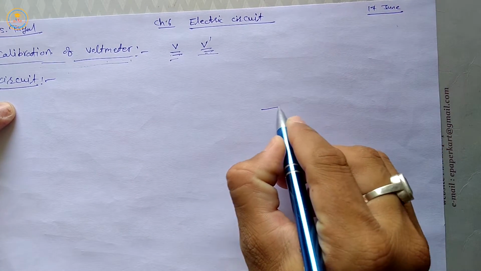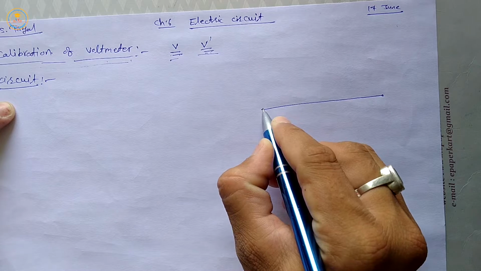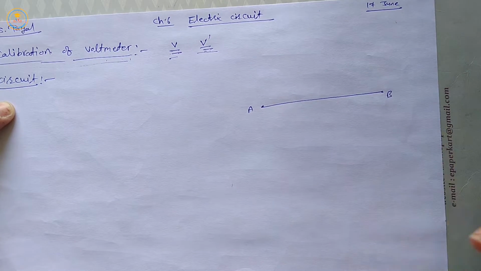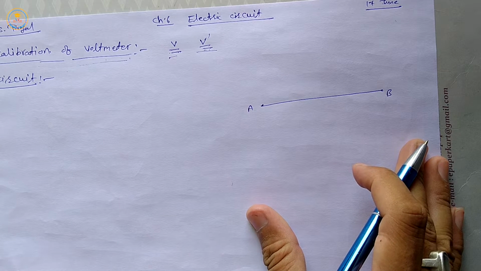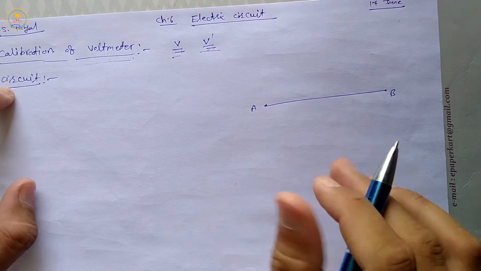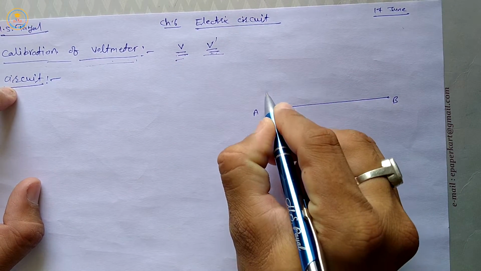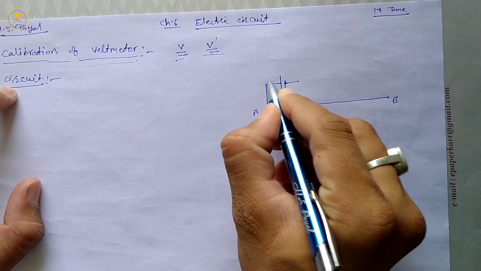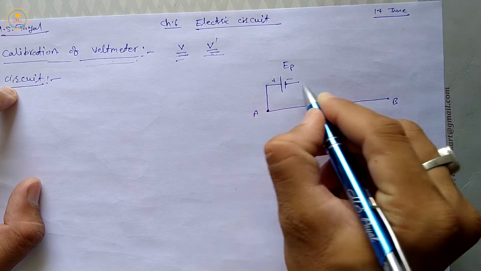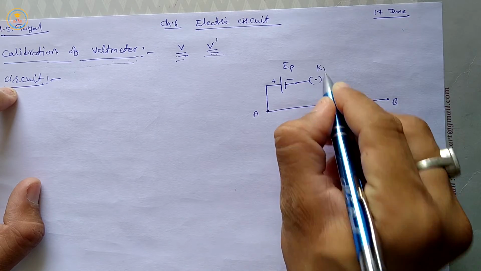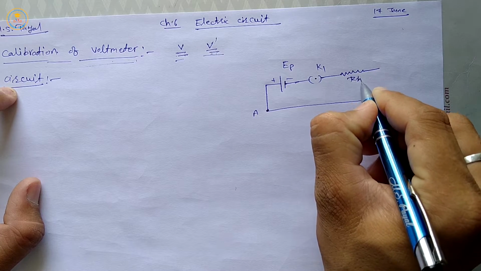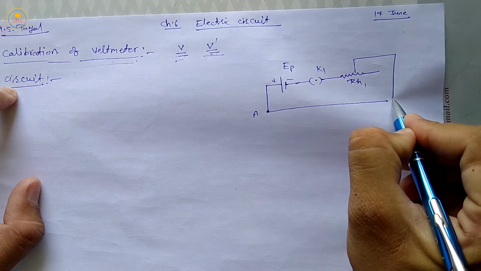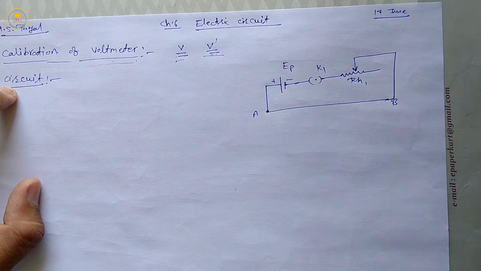In this potentiometer, a 10-meter long wire AB is fixed between 2 points A and B. Here this wire AB is connected in primary circuit with a cell EP, and a key K1, and this rheostat RH1, in series order.